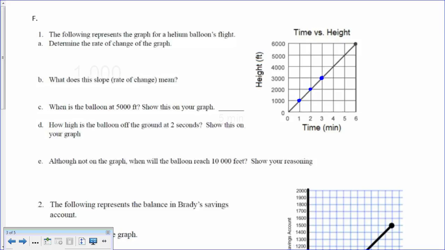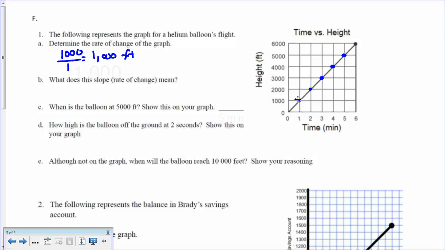At 3, we're at 3,000. At 4, we're at 4,000, and so on. So every time we go up a minute, we're increasing by 1,000. So our rate of change is the change in y over the change in x, going by 1,000s to 1. So that's 1,000, not dollars. Our slope is 1,000 feet.